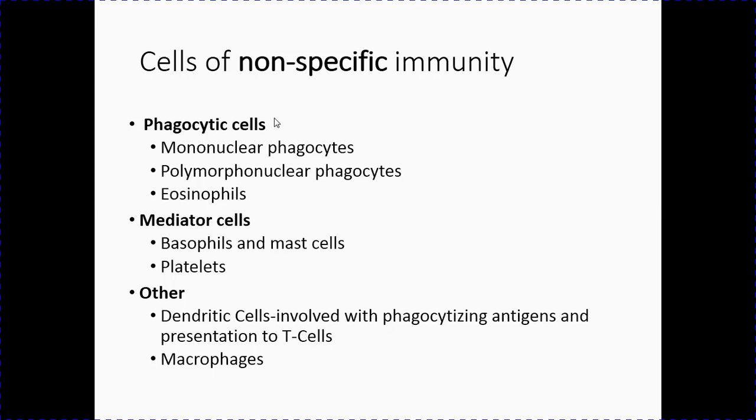So we looked at the cells that were found primarily in the vasculature and those of the tissue. We looked at the phagocytic cells found in the vasculature. Platelets are not white blood cells, but we're going to talk a teeny little bit about them today.